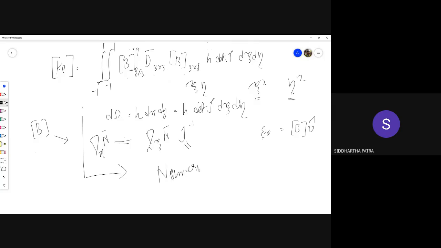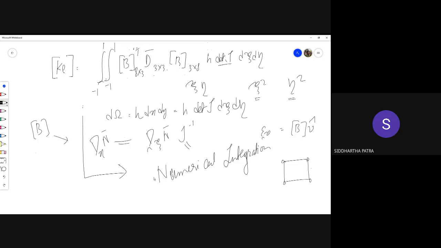More about numerical integration in the next class, I mean next to next class possibly. Now, even if the physical element is not a parallelogram but just a regular square, the determinant of the Jacobian is a constant and B is going to be linear, but there are so many terms and you will have to perform multiplication of so many terms.